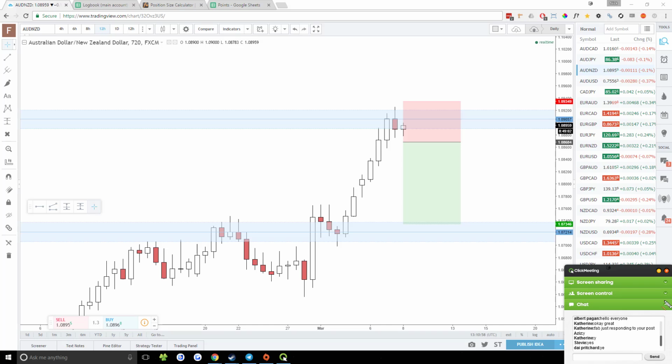Now, if sellers are here, or maybe, let's say here, if sellers are here at this second line, would you say they're in control of price? No. Of course not. All right.